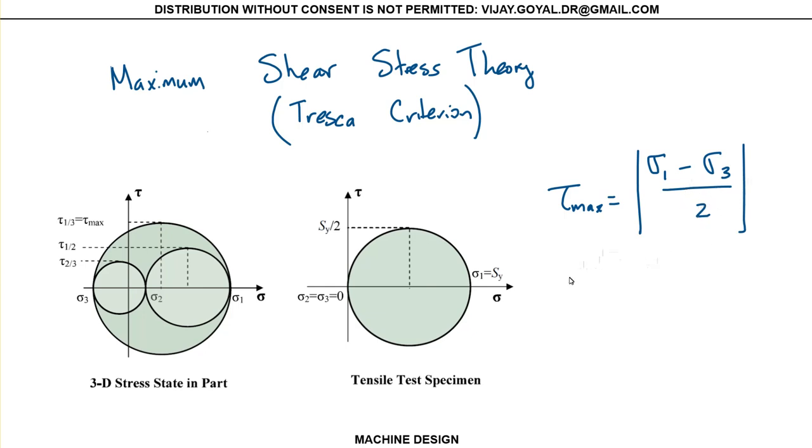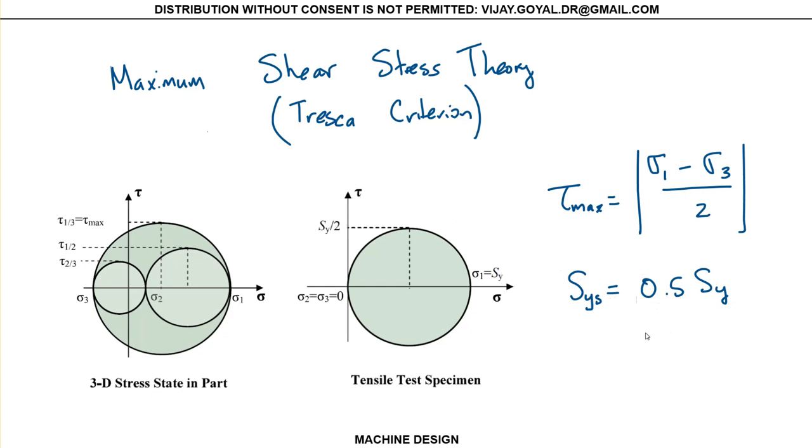And then your sigma ys is equal to 0.5 times sigma yield, which is sigma yield divided by 2.